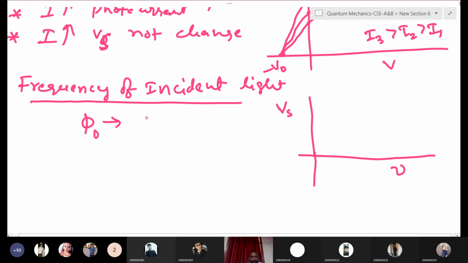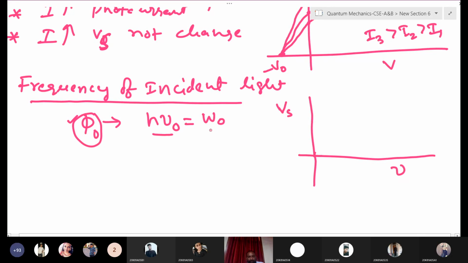So here minimum energy h nu 0 equals some work function W0, or you can write phi 0 also. You can write anything for this terminology, but you have to know what it means.